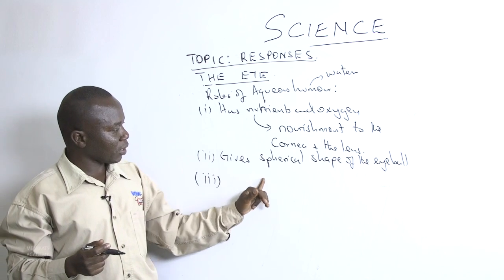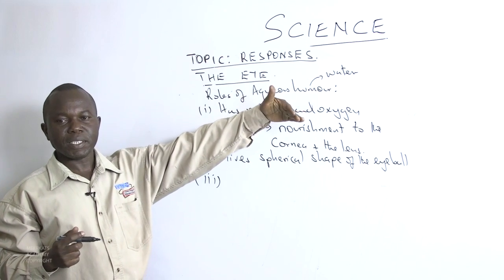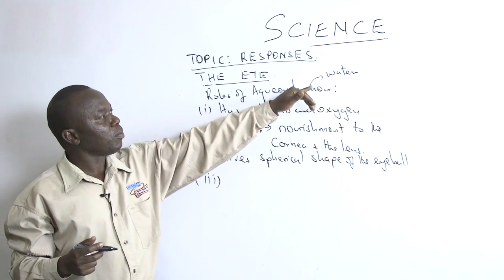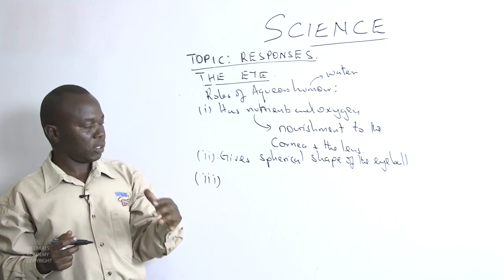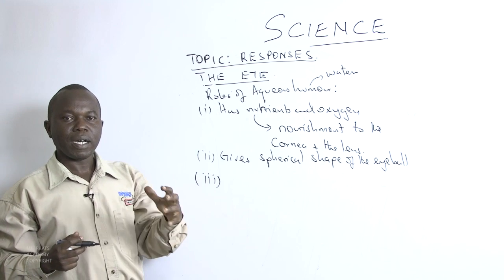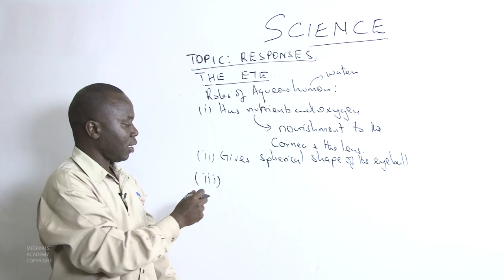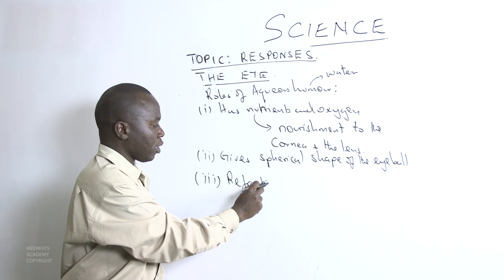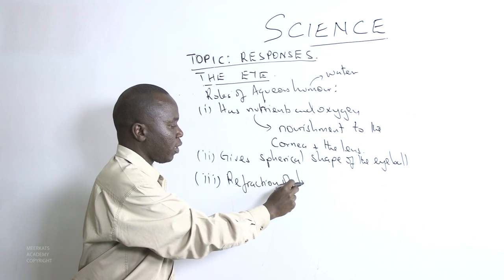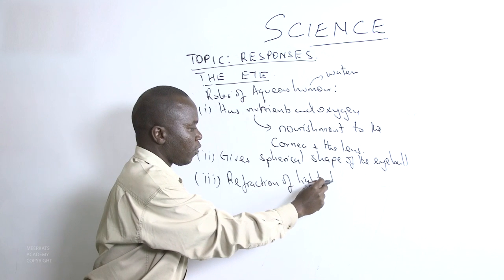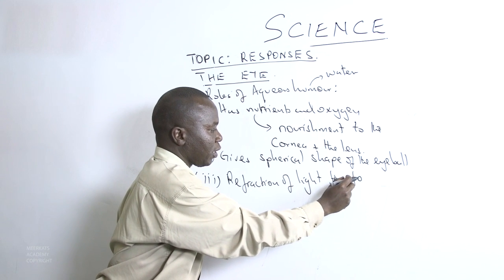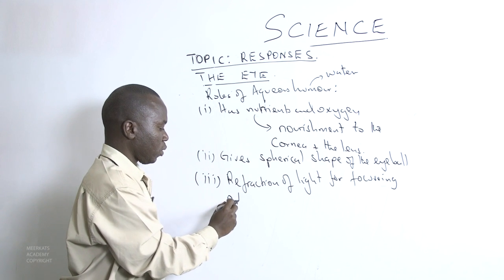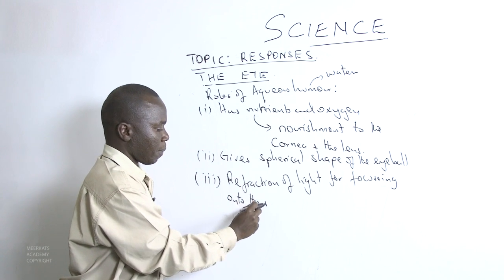And when light passes through water, there's some refraction. Aqueous humor, having water, also contributes to refraction of light for focusing onto the retina.